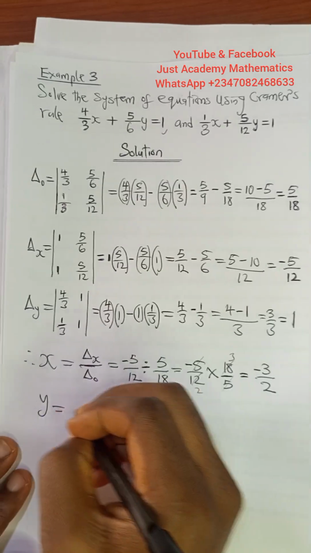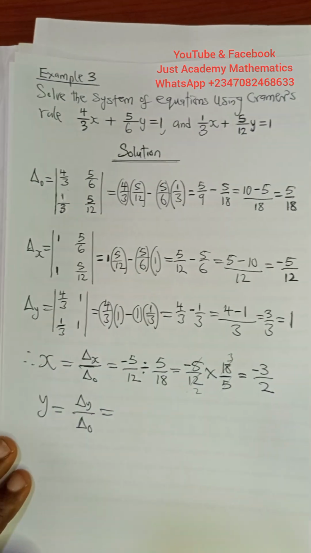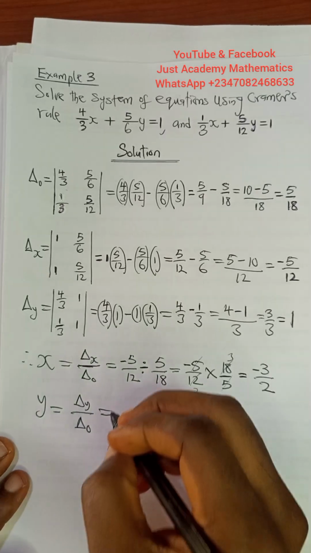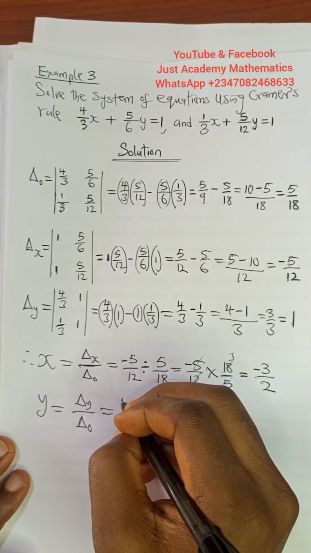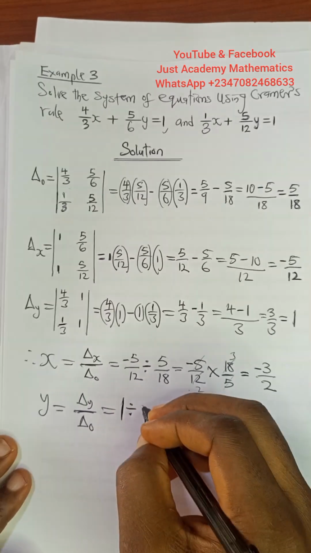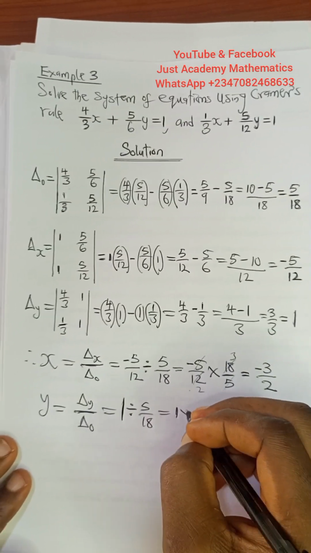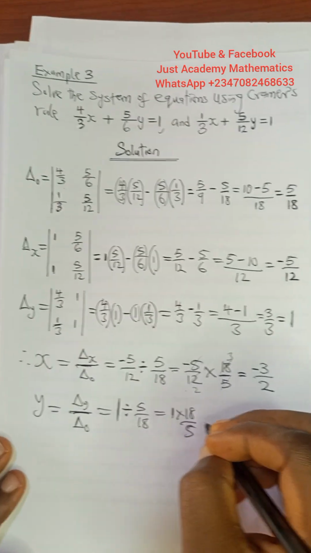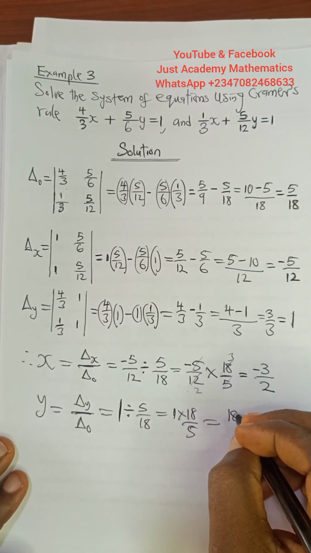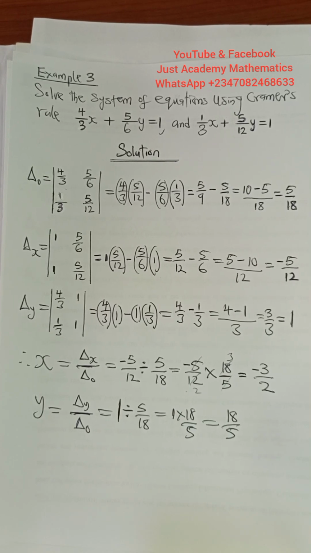So y is equal to changing y over changing 0. Now, what is changing y? Changing y is 1, divided by changing 0, which is 5 over 18. This means 1 times 18 over 5, which implies 18 over 5 as the answer for y.